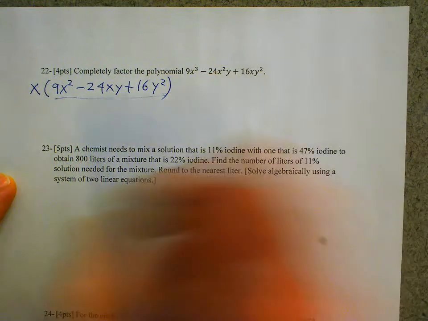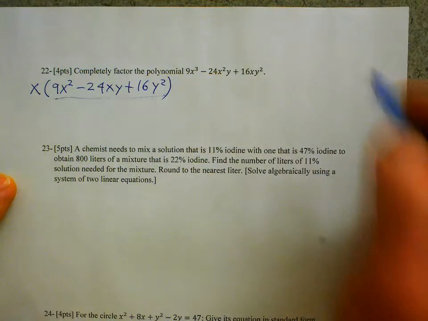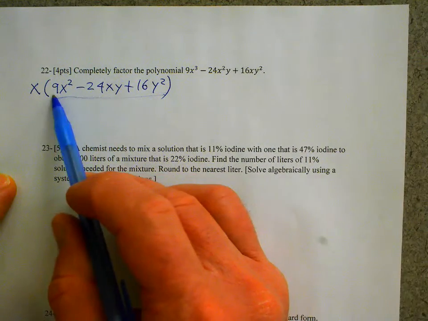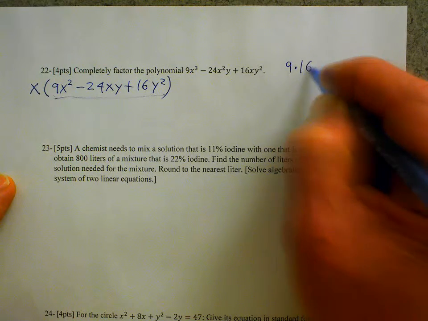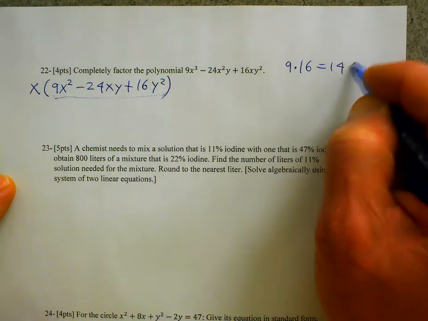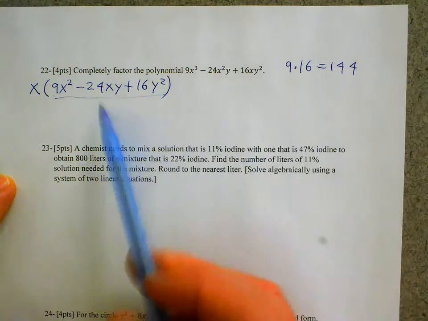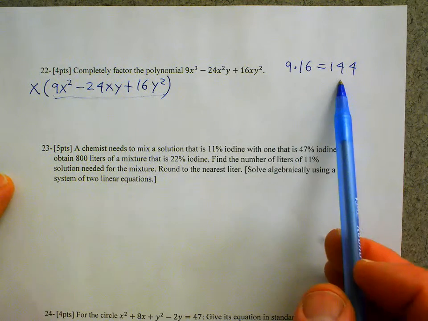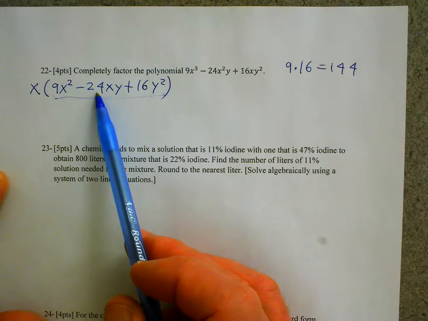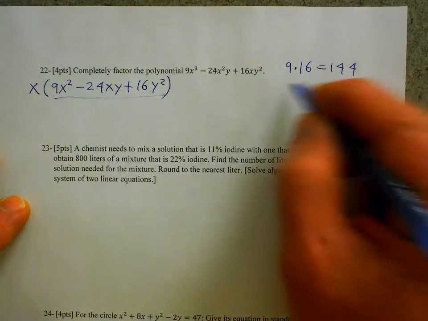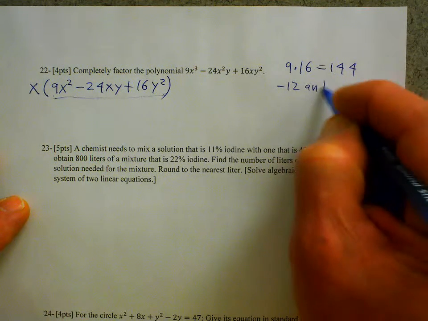So if we try the AC method, we can multiply 9 times 16, which is 144. And then two integers that have a product of 144 and a sum of negative 24 are negative 12 and negative 12.